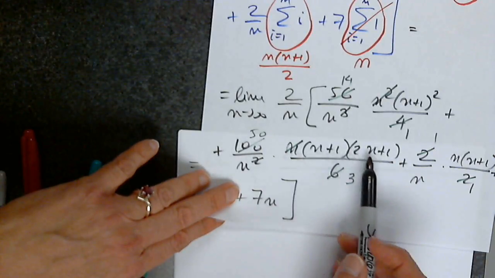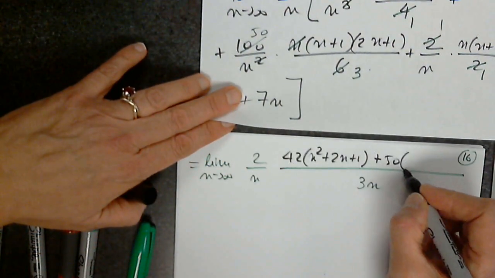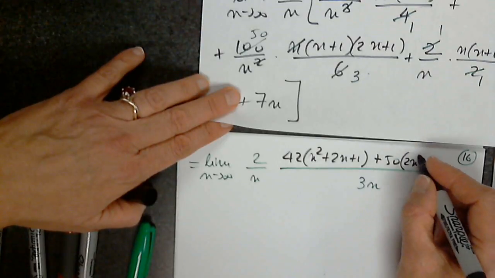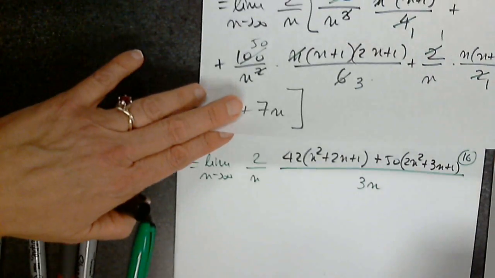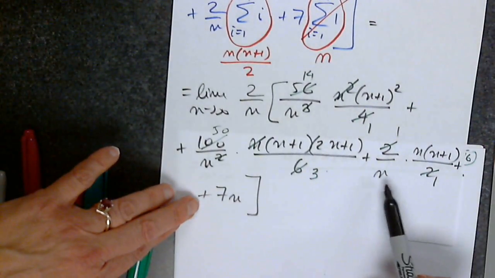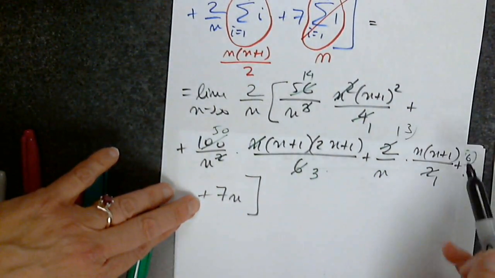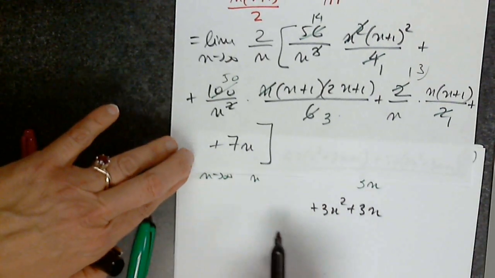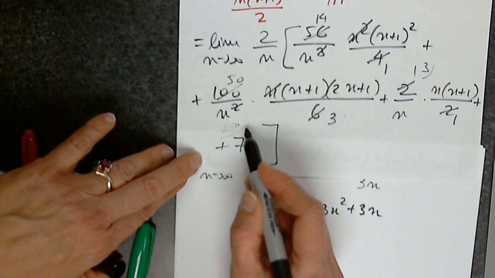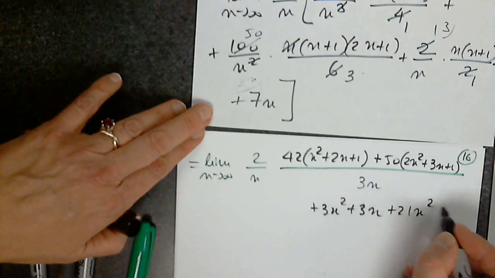So I have 50 and multiply these two. 50, and I have 2n squared plus 3n plus 1. Here I have the denominator of n, but I have to multiply by 3. So I have plus 3n squared plus 3n. And this one needs to be multiplied by 3n. So it's positive 21n squared.